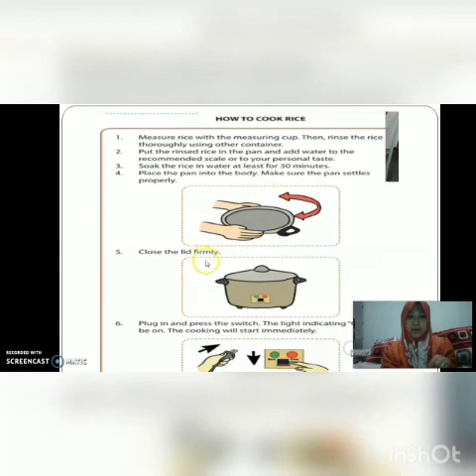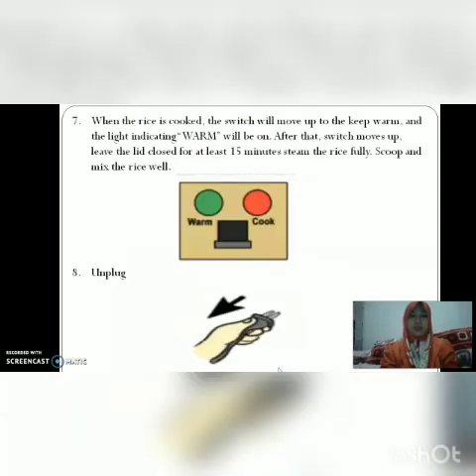Close the lid firmly. Plug in and press the switch. The light indicating cook will be on. The cooking will start immediately. Next, when the rice is cooked, the switch will move to keep warm, and the light indicating warm will be on.